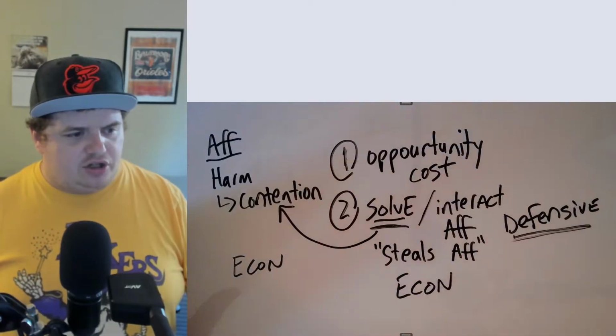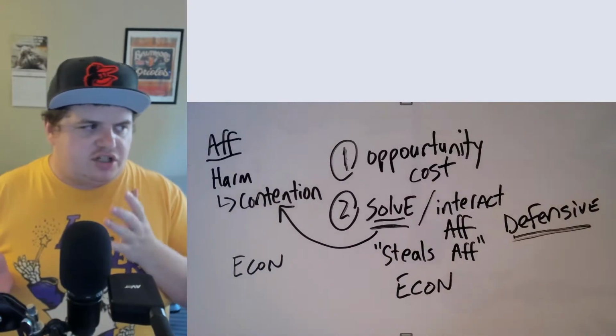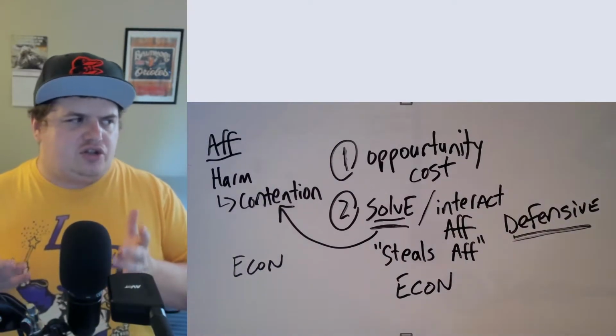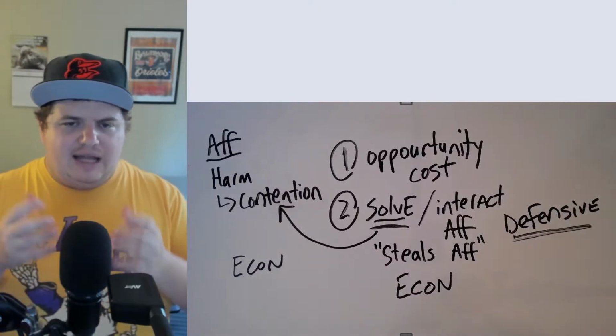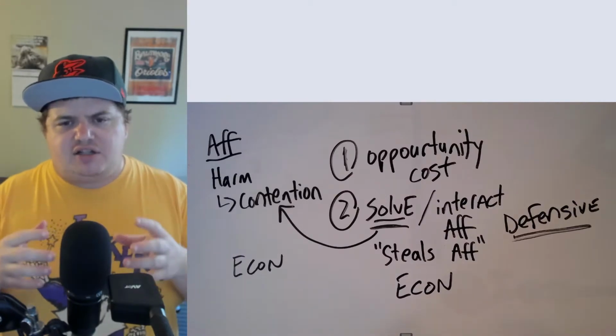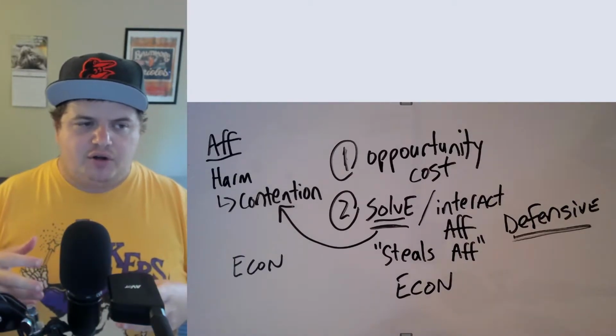Does that make sense to y'all? How the opportunity cost of an affirmative would work? It says, you can't really do these two things at the same time, or these two things don't interact in a way that makes them compatible with one another, right?